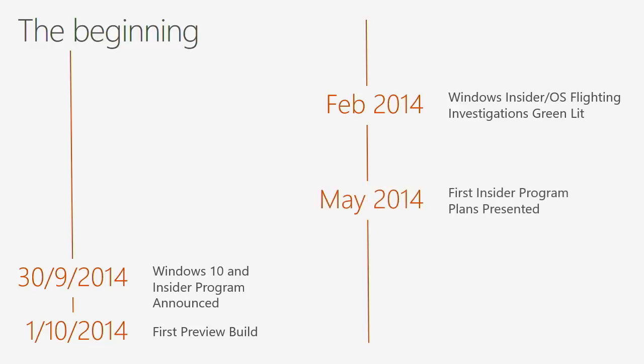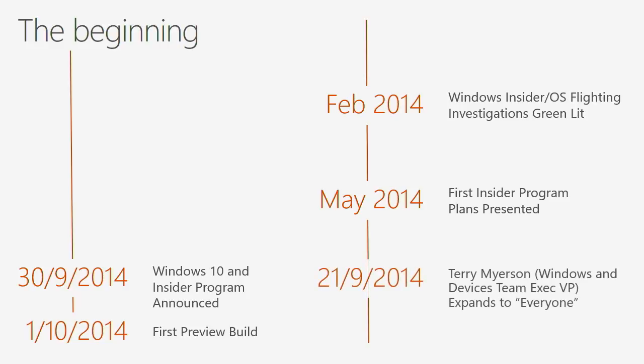Around about May 2014, the Insider program went from this kind of idea into a program that was greenlit, and the team started working, we started cranking, and then on the 21st of September 2014, we presented the final Insider program to Terry Myerson, who is our Executive VP.